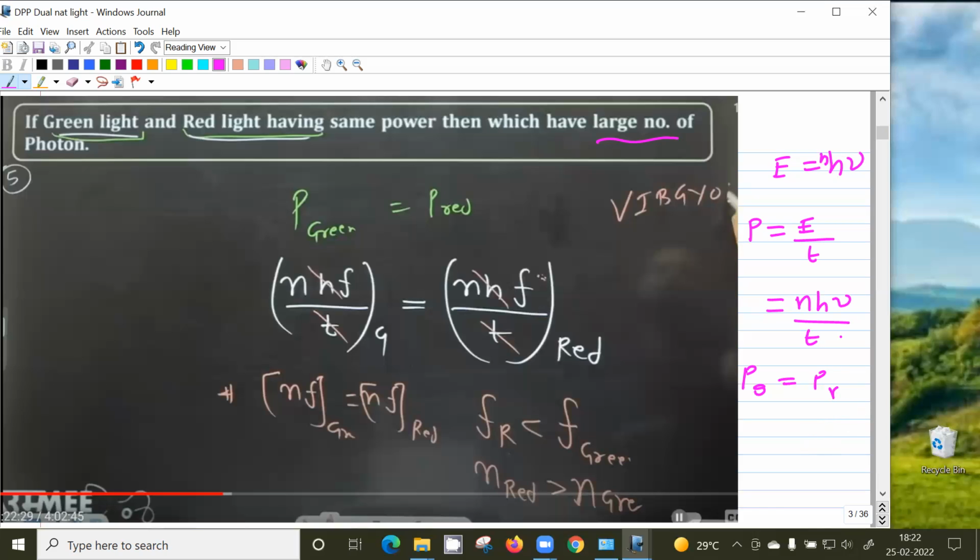So for the same amount of time, h is also the same for both. So you have to compare n nu for green and n nu for red. So the frequency of green is more, so the number of red photons will be more.